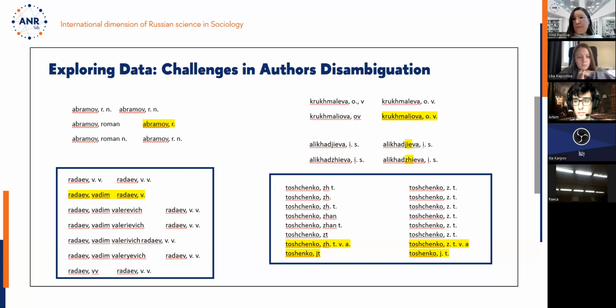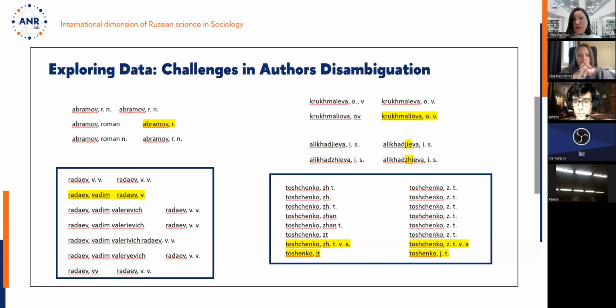Working with author disambiguation is quite important, because here I included a couple of examples of very outstanding researchers in the sociological community of Russia.